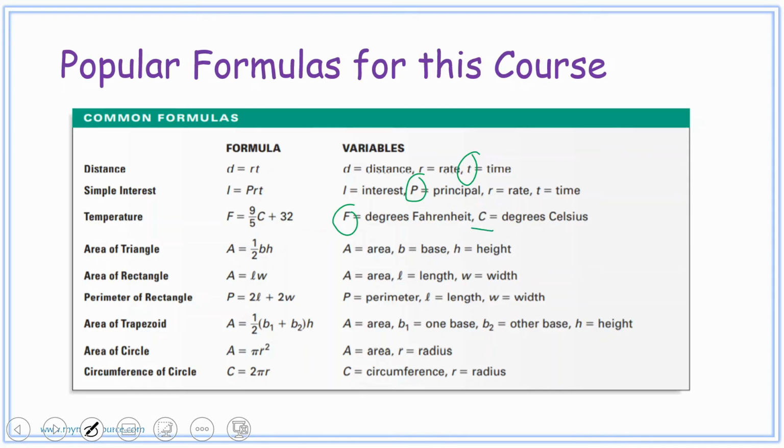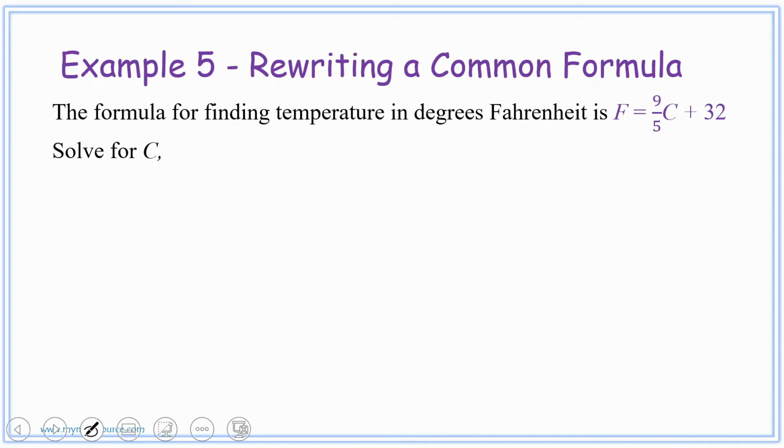Very popular formulas here: the area of a rectangle and the perimeter of a rectangle, of course, the area of a triangle, and each of those you might be asked to solve for a different variable. And that's why we want to know how to do it. So if you were looking for the height of a triangle or the base of the triangle given the area, could you find it? And so these are the different things that we're going to do in the area of a trapezoid.